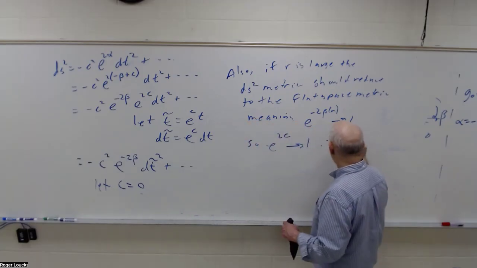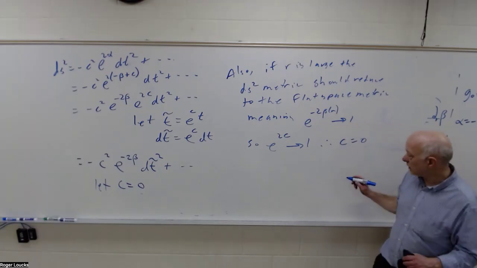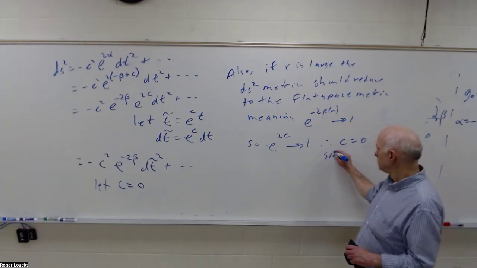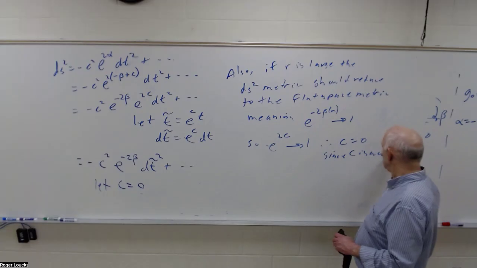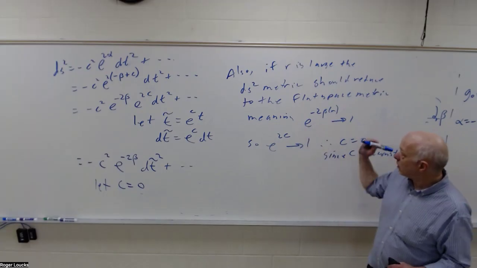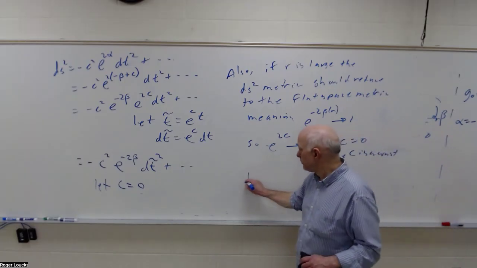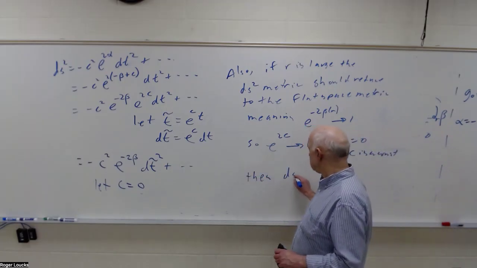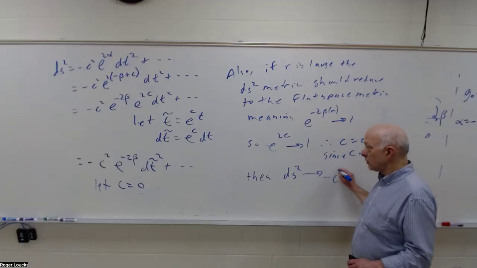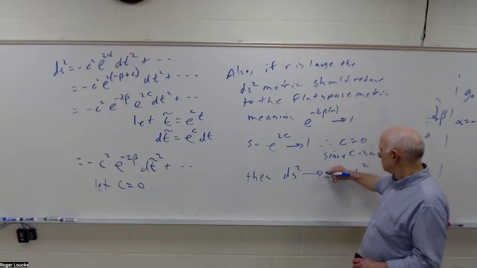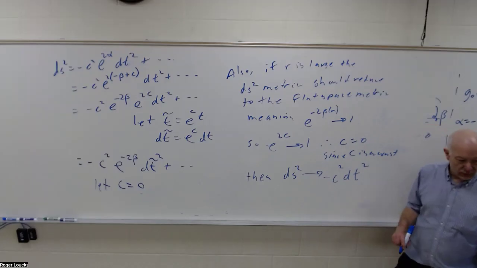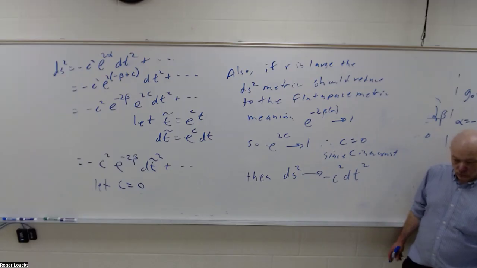So therefore, c needs to be 0, since c is a constant. And that would then give you, when ds squared reduces to minus c squared, what we had before. Okay, that makes sense. Questions? Good.